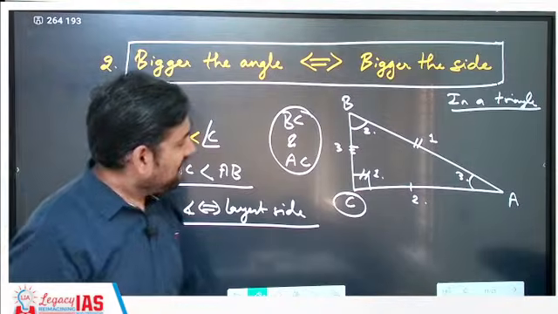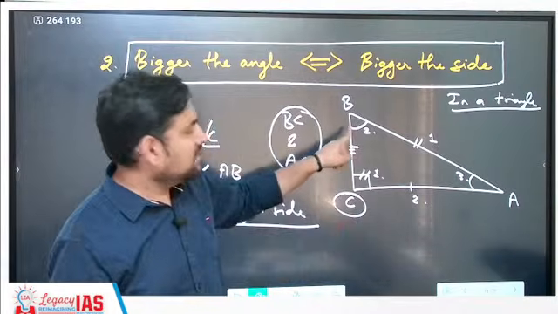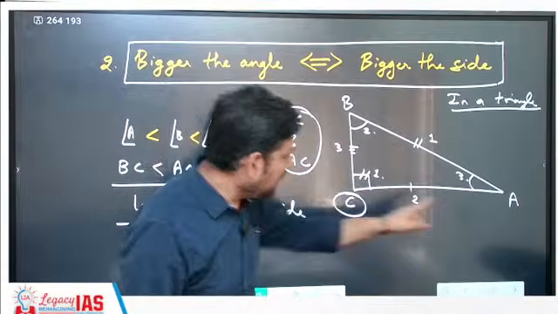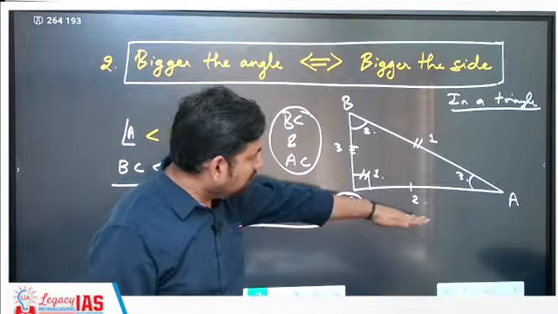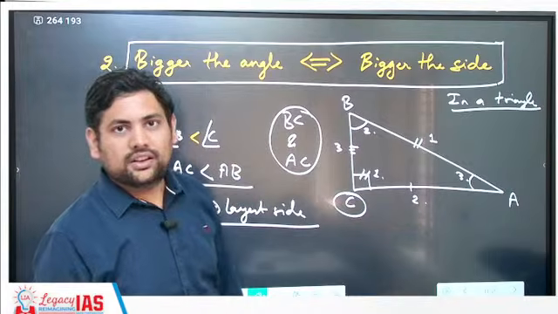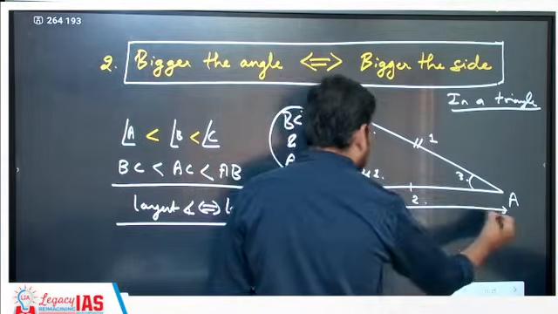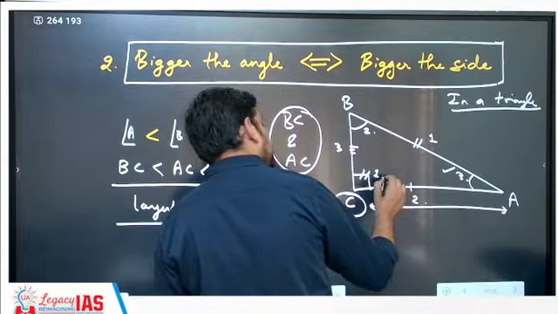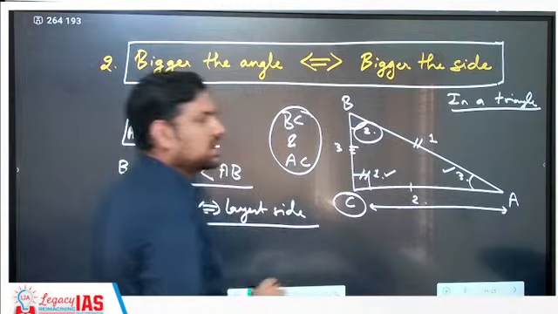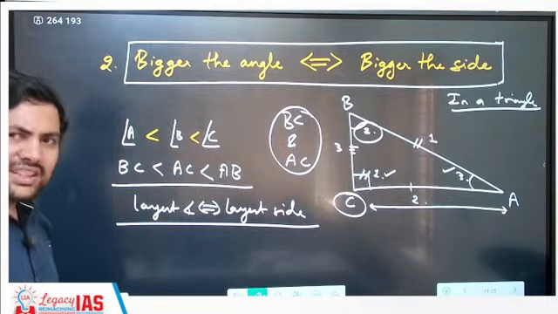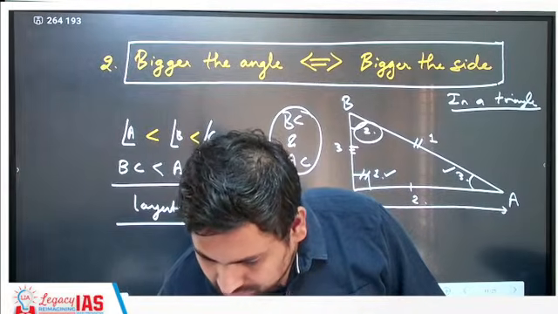Just by looking at it, AC looks longer. That means the angle B is also bigger than angle A. So always you have to look at the opposite. Opposite to AC is the angle B. Opposite is that angle which is not touched by the side. For example, AC is touching this angle as well as this angle, so those are not opposite. And this is the theorem that whenever you have a bigger angle, you will get a bigger side opposite to it.